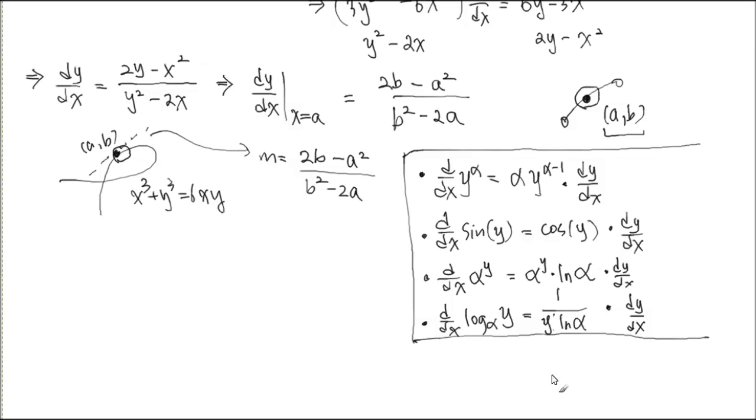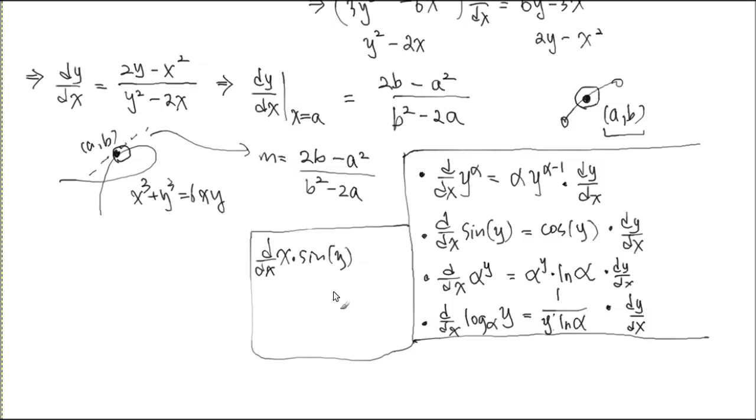So if you see this individual part, this is what you're going to do. Everywhere, dy/dx appears as a factor. Then you collect all that and factor it out, the same business. But you still have to be careful when you see something like x times sine y under d/dx.